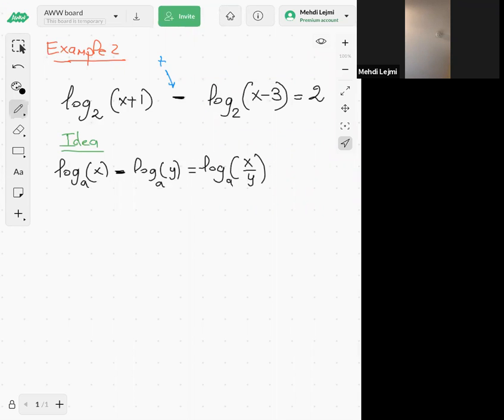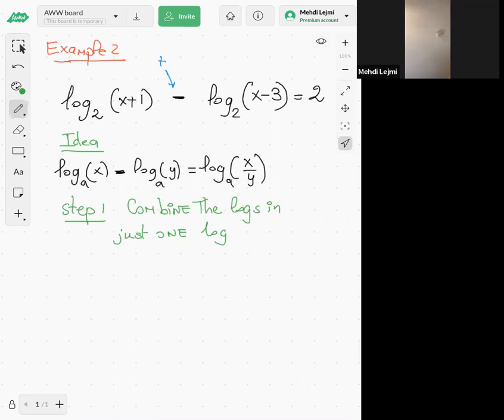Okay. So in step 1, again, we have the same. Step 1 would be, again, to combine the logs in just one log. But here, I don't have a plus, so it won't be a product. I have a minus, so it's going to be a quotient, right?